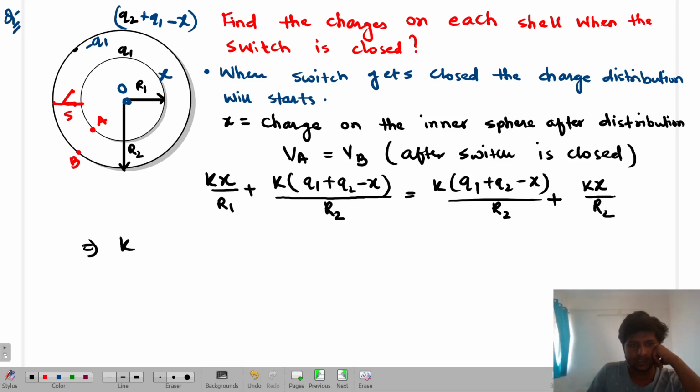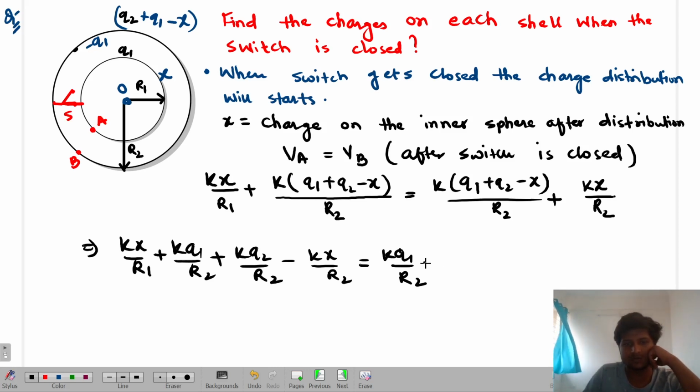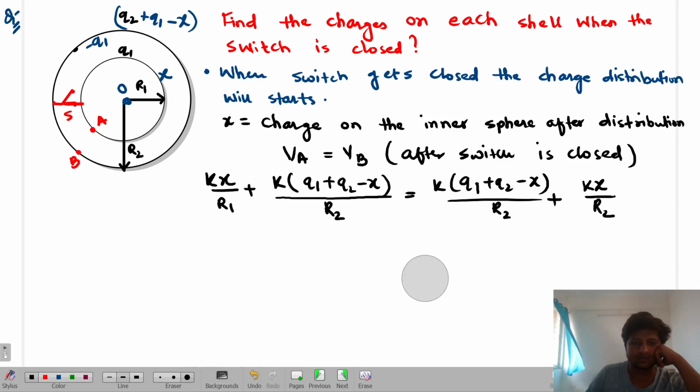So the equation will be like kx by r1 plus kq1 by r2 plus kq2 by r2 minus kx by r2 is equal to kq1 by r2. Matlab, this term I can, oh sorry, why am I writing all these terms? I can cancel these terms directly, isn't it? So I'll get kx by r1 is equal to kx by r2.